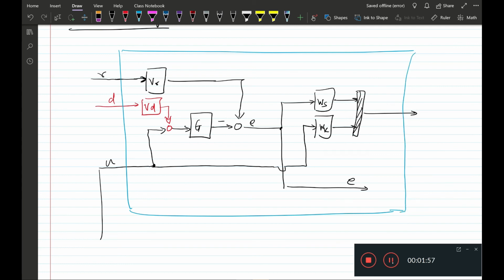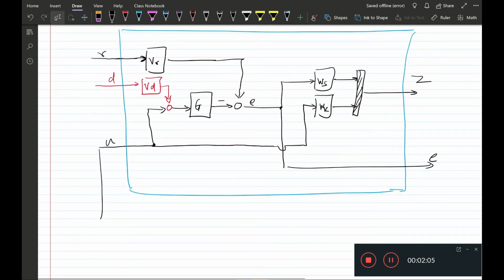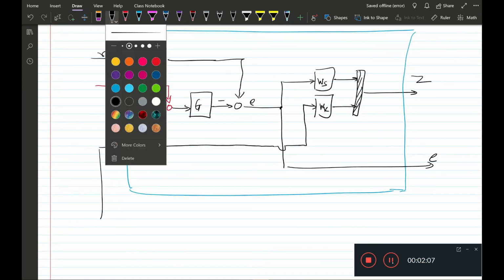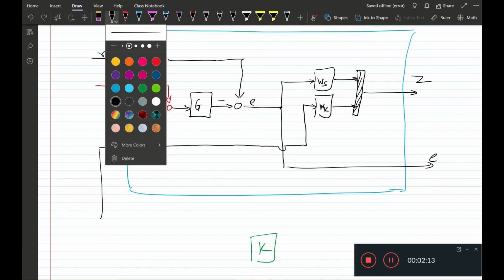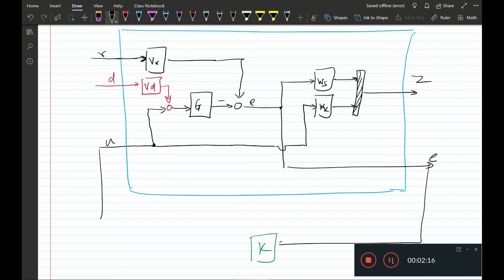Let me bring the Z and the E outside again. So that's our generalized plant, and again as before we are looking for a controller K that measures this error E and exerts a U on the plant.